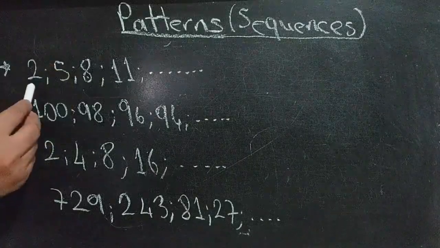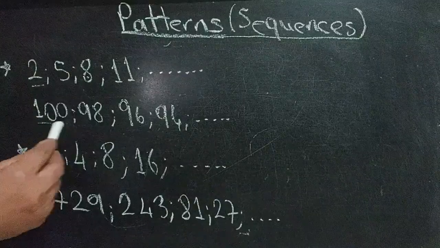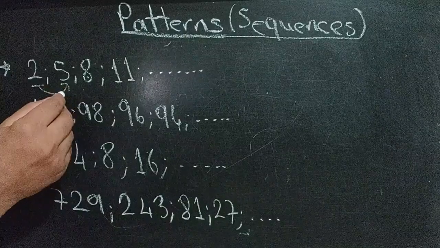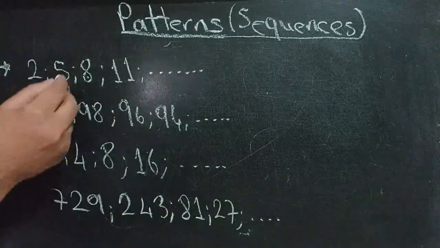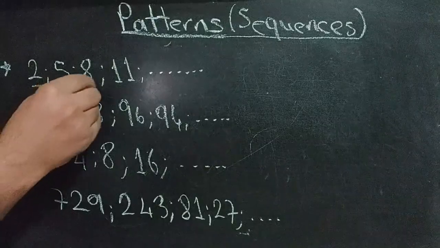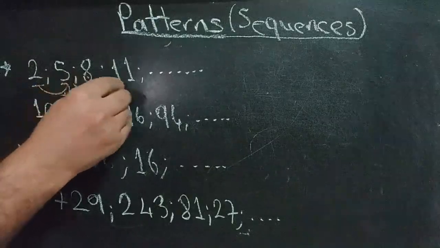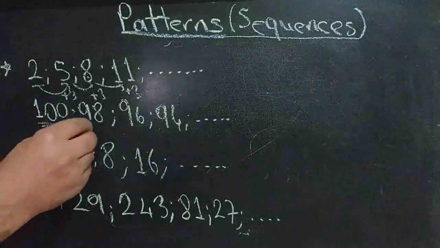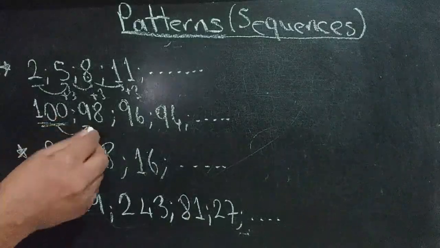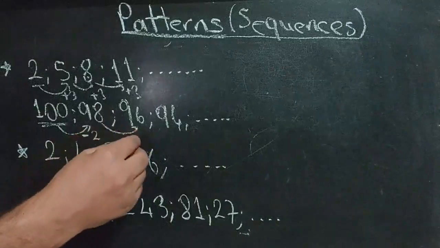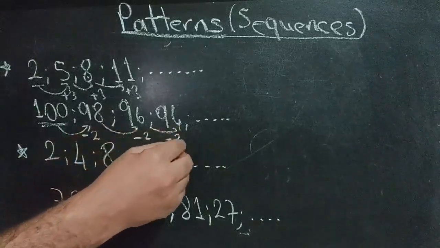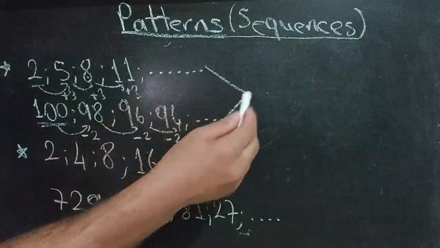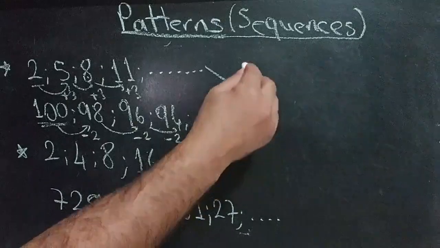So if the pattern is increasing by a constant number, such as this one, plus 3 plus 3 plus 3, or if it is decreasing by a constant number, like this pattern, minus 2 minus 2 minus 2, we call those patterns numeric patterns.